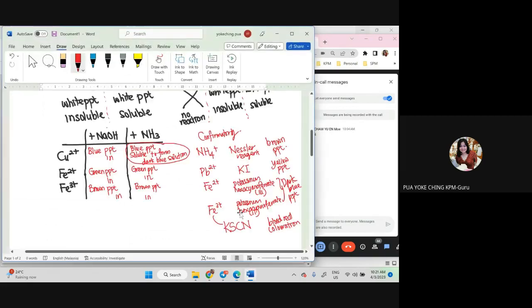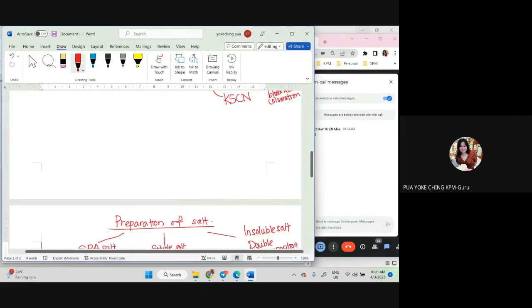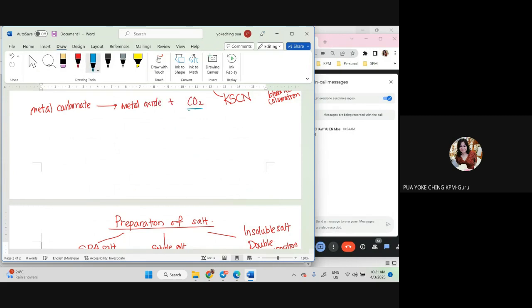Wait, cikgu tulis sini. Metal carbonate, dipanaskan, you get metal oxide plus CO2. Okay, so nampak je CO2, you know you have carbonate.